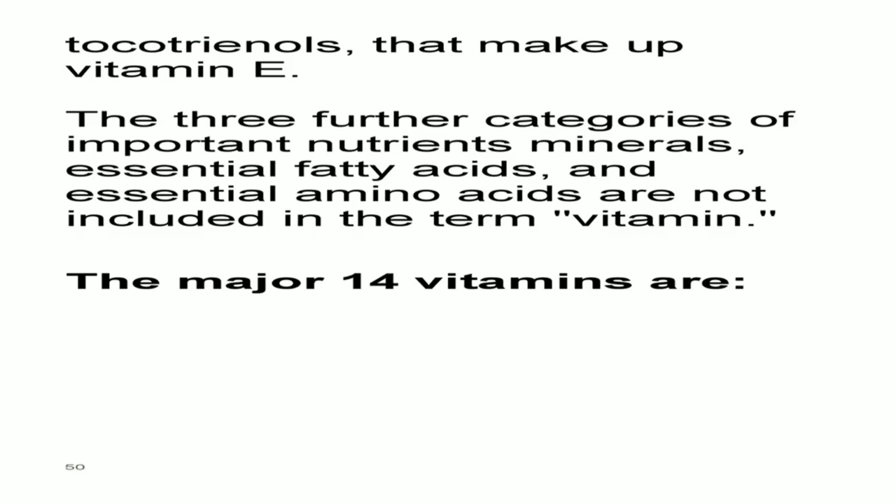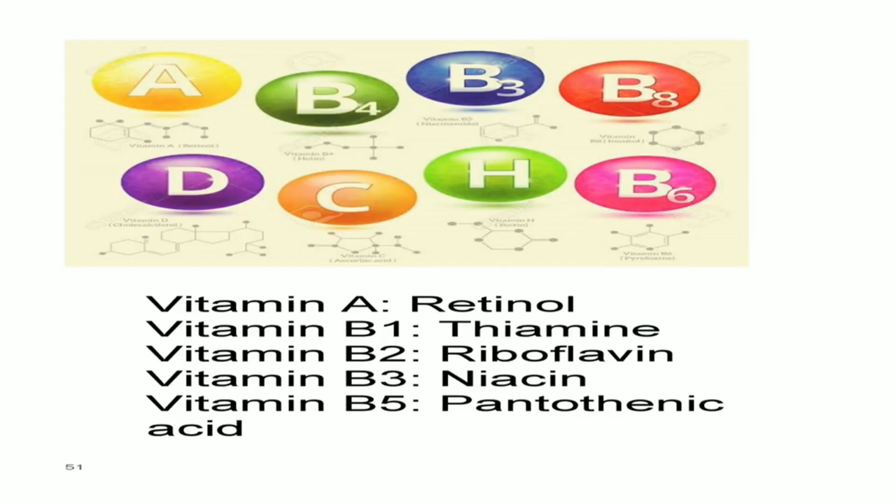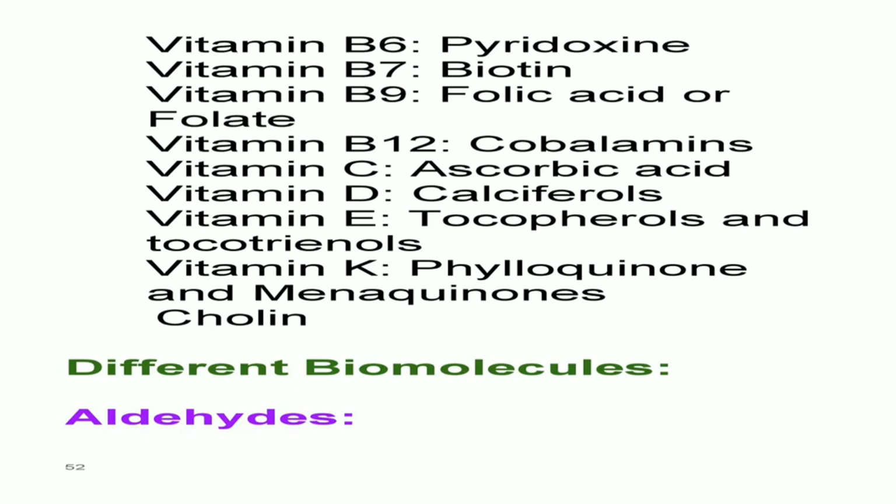The major 14 vitamins are vitamin A, retinol, vitamin B1, thiamine, vitamin B2, riboflavin, vitamin B3, niacin, vitamin B5, pantothenic acid, vitamin B6, pyridoxine, vitamin B7, biotin, vitamin B9, folic acid or folate, vitamin B12, cobalamins, vitamin C, ascorbic acid, vitamin D, calciferols, vitamin E, tocopherols and tocotrienols, vitamin K, phylloquinone and menaquinones.